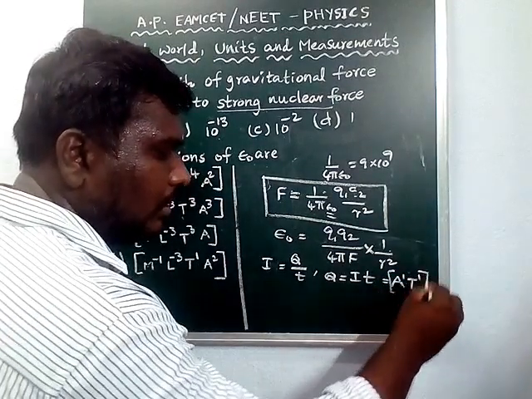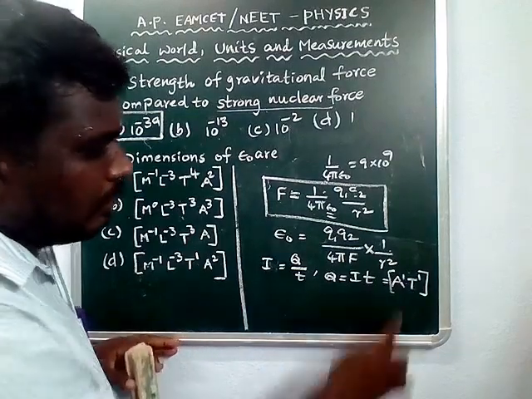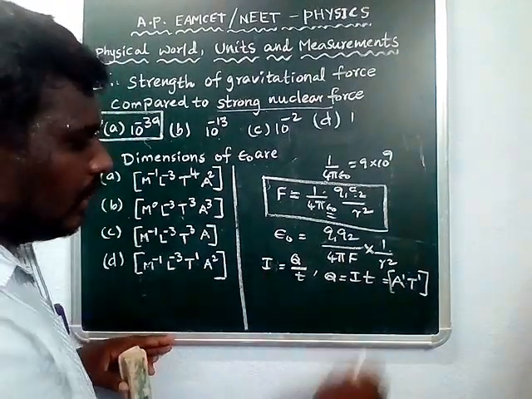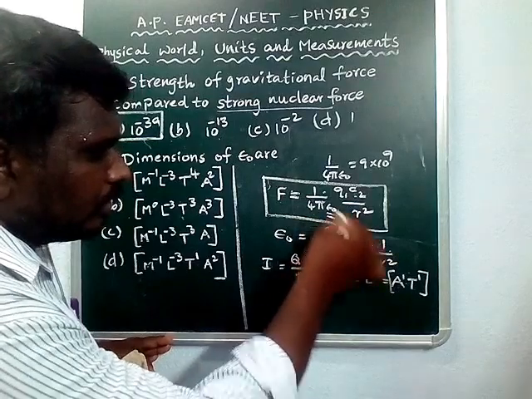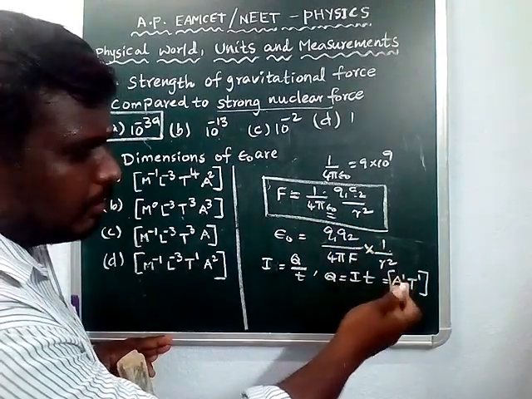That means the dimension formula of Q is A power 1 T power 1. Substitute Q1 and Q2 as A power 1 T power 1.